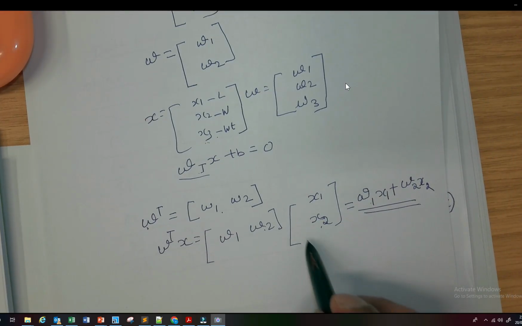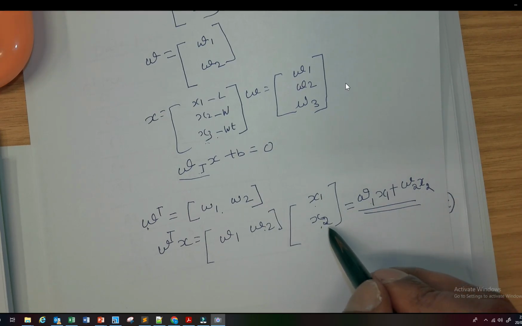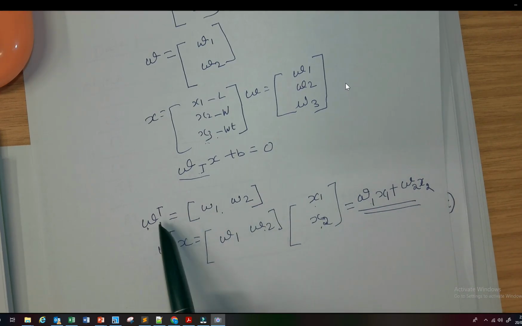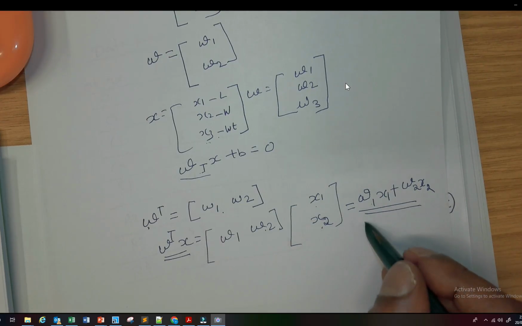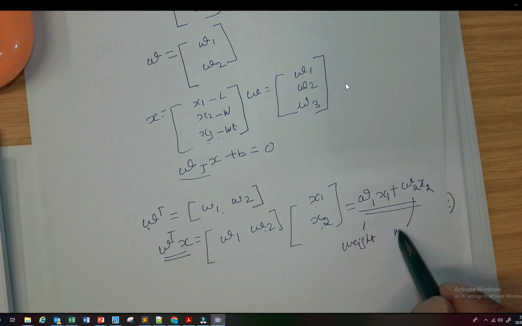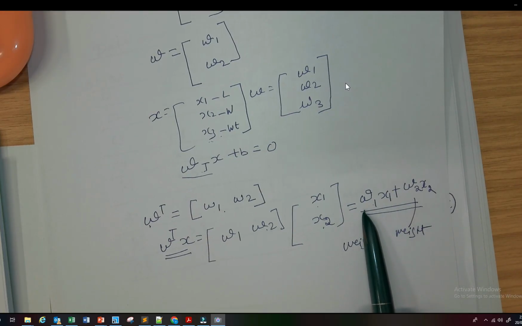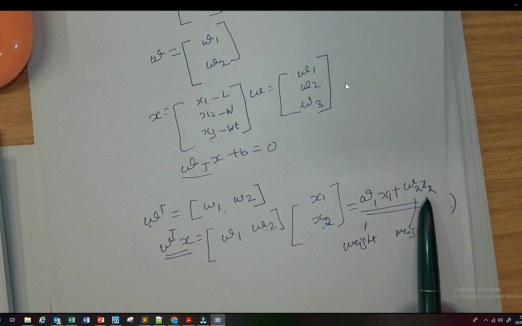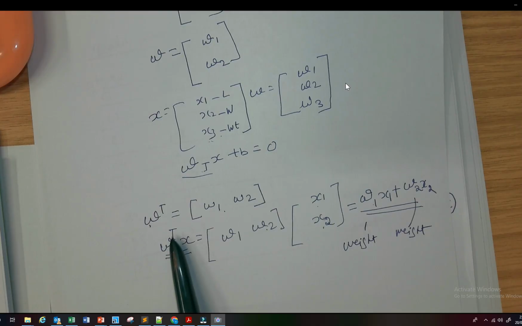If you look at this, x1 is a feature and x2 is a feature. So w^T x is w1, let's say this is some weight, and w2, let's say this is another weight. You are multiplying one weight with one feature and another weight with another feature.